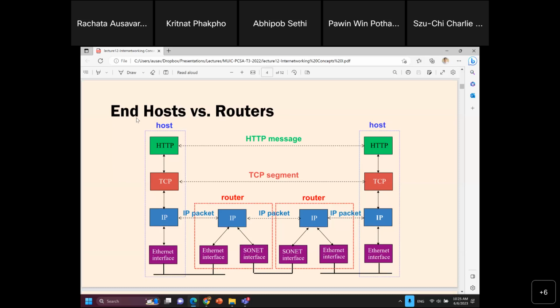The router knows about the IP information, then it forwards to the next router, eventually arriving at the host. And then the physical connection is done through the Ethernet interface, like your Wi-Fi and your Ethernet cable, right? This is done just to make sure we can send HTTP messages.